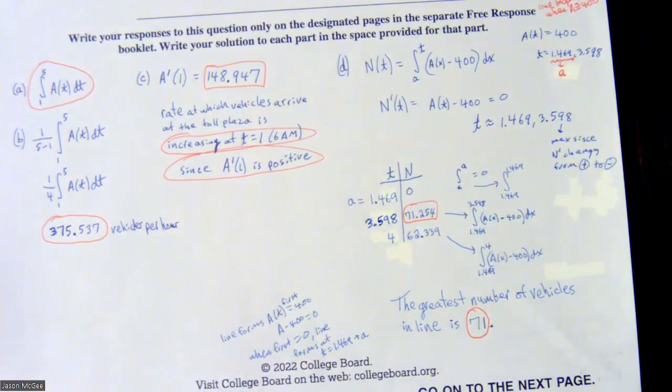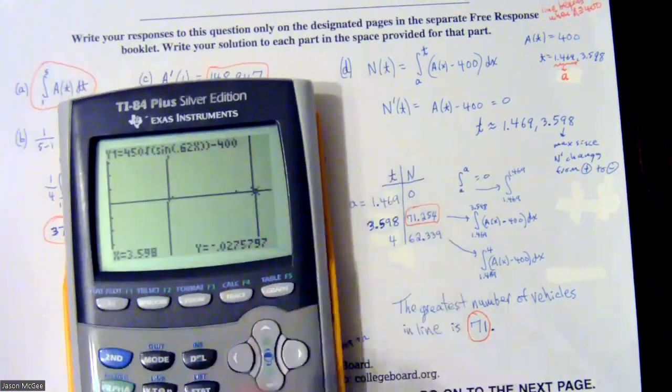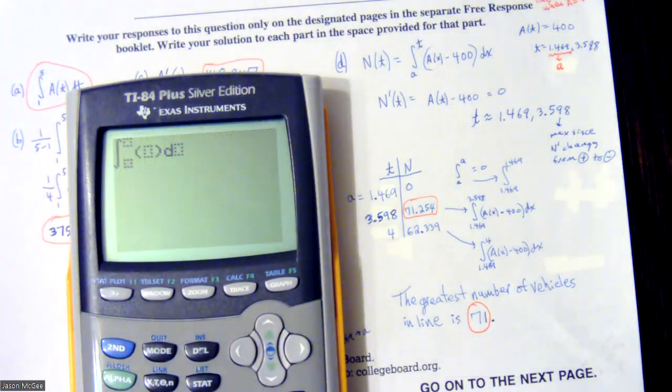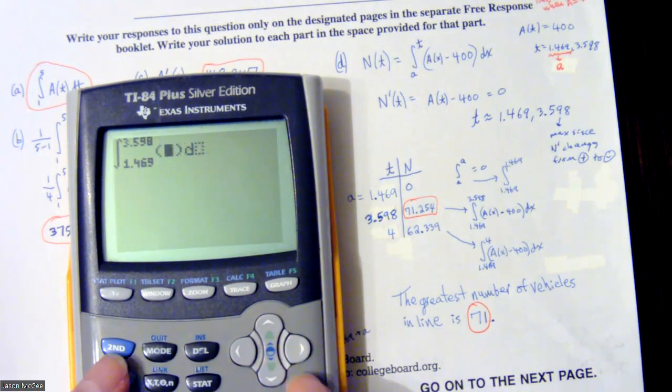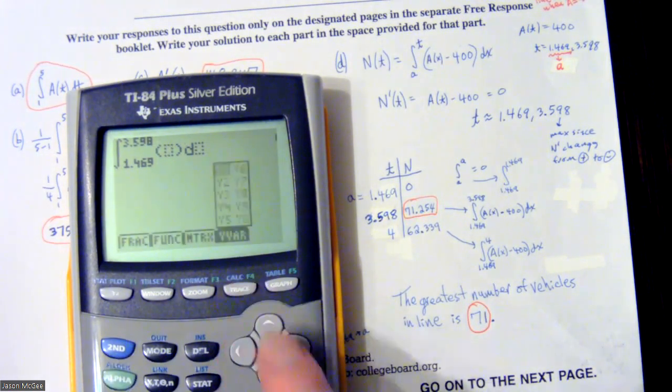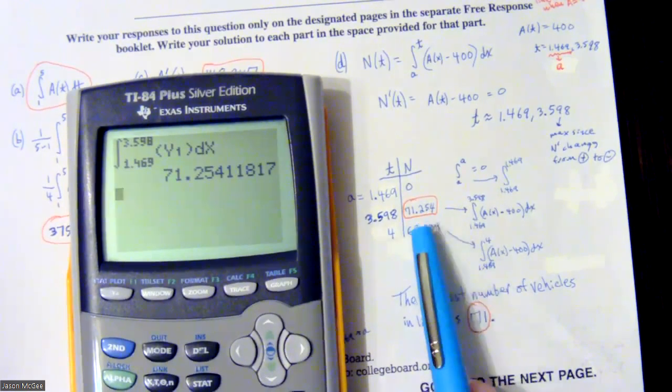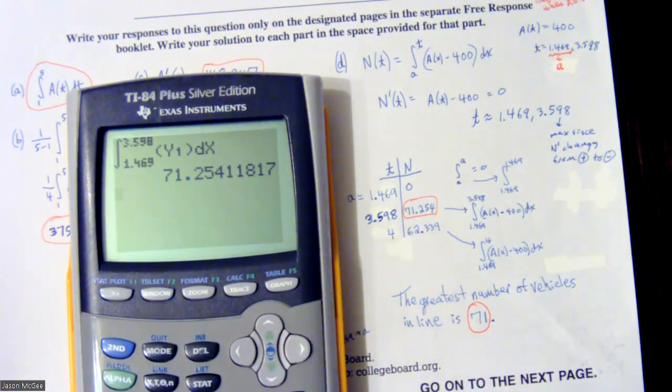So if I want to calculate this, I can now hit my math 9 between 1.469 to 3.598, and I can do my alpha trace, and I got my Y1 in there, and it's going to give me this 71.254 number. And then I'm just going to highlight that and hit enter on it.